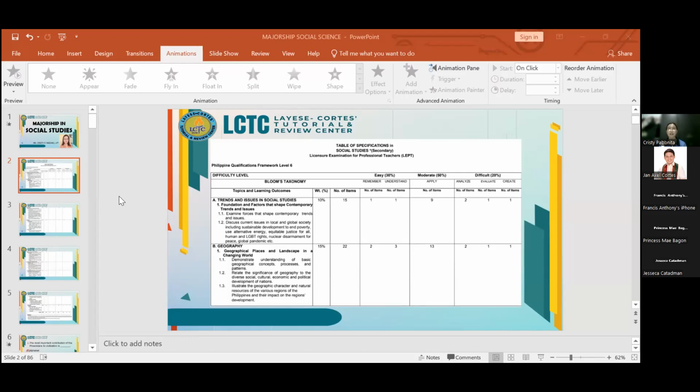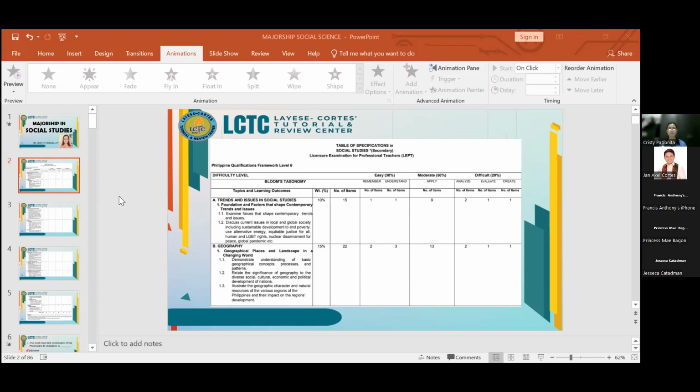This is not an assurance that these are the exact questions that will come out during the examination, but at least you will have an idea of the possible questions. With one week left, you can focus your mind on the majorship.